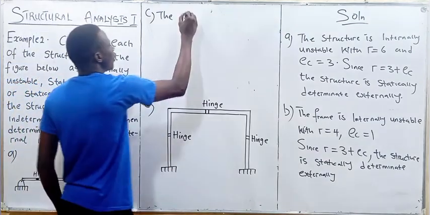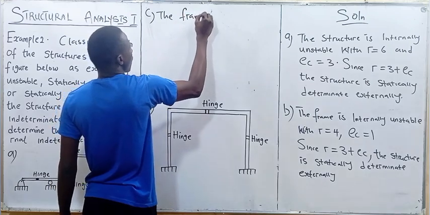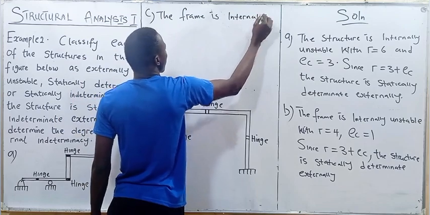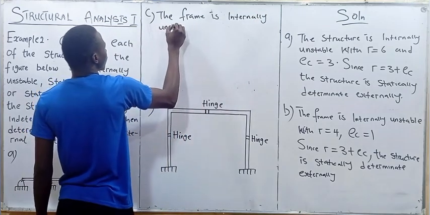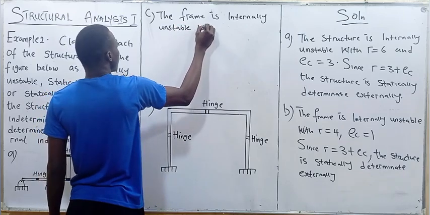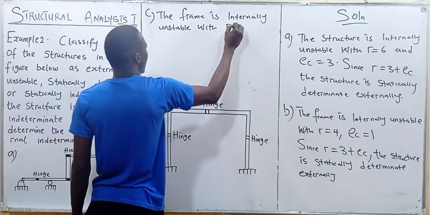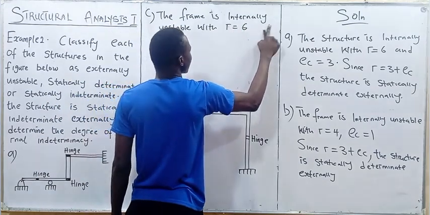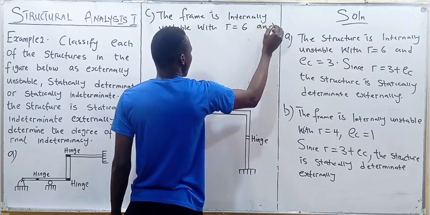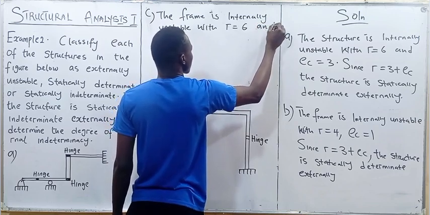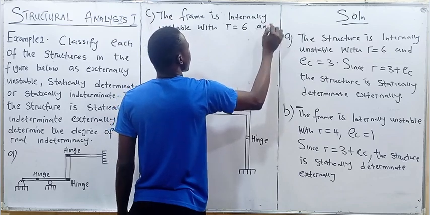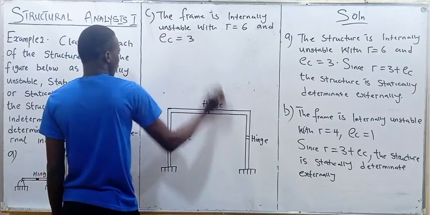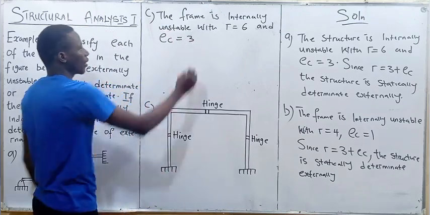So the frame is internally unstable with R equal to 6 and EC equal to 3. All right. So this is what we have.